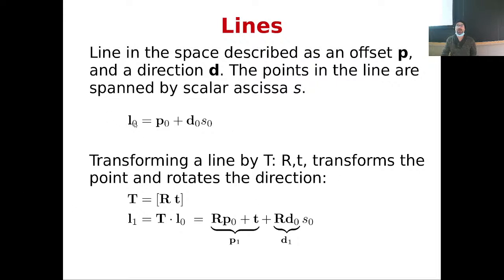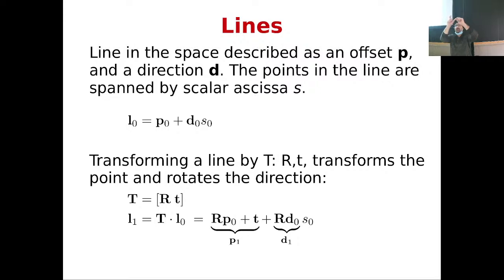I describe a line as a point on the line, any point on the line, let's call it P0, plus a certain direction vector which is multiplied by a scalar quantity.